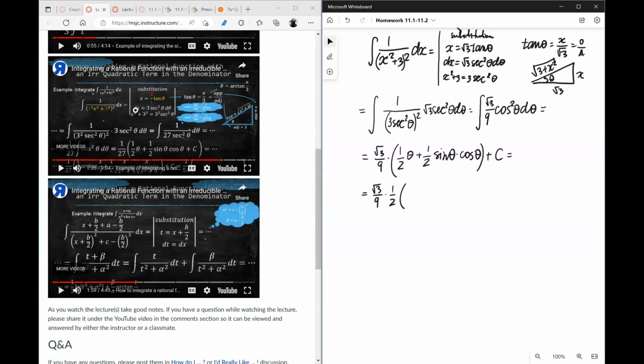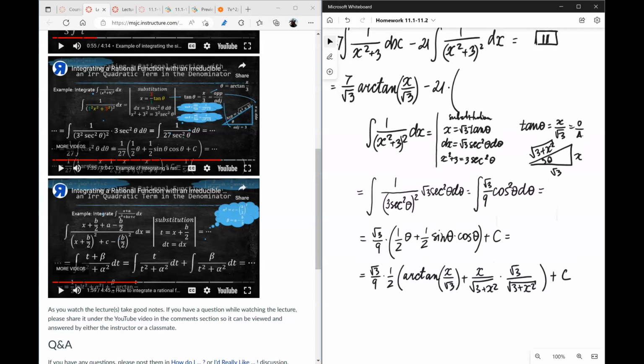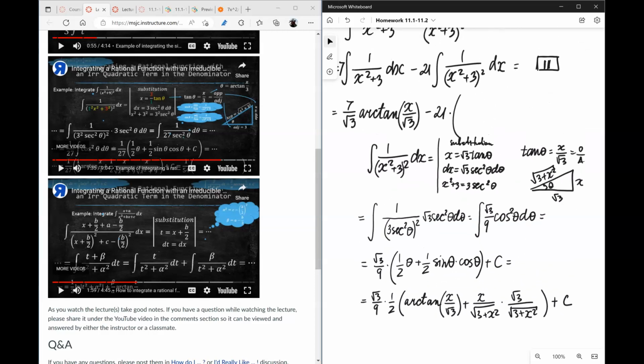We have theta, which is arctan of x over root 3, plus sine theta, which is x over square root of (3 plus x squared), times cosine, which is square root of 3 over square root of (3 plus x squared), plus c. So that's what we're going to put inside of this parenthesis, except the plus c part.